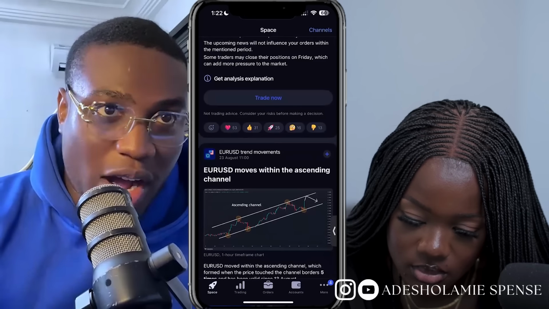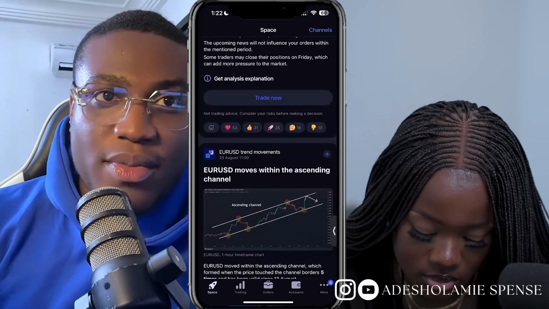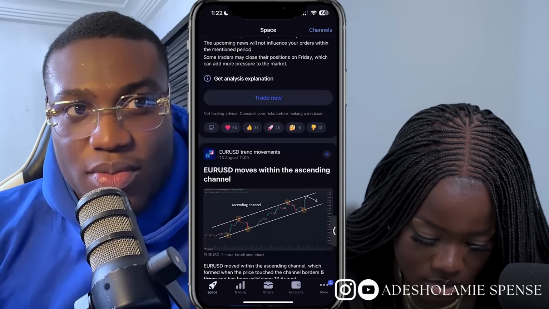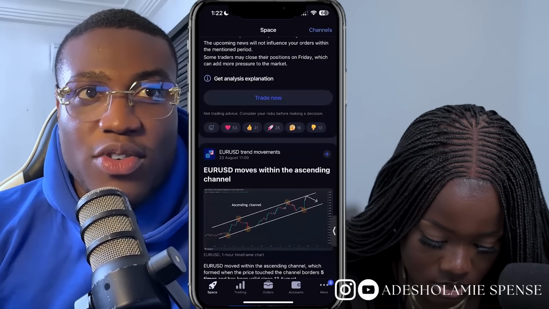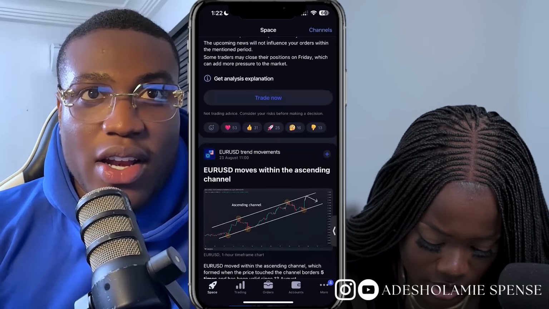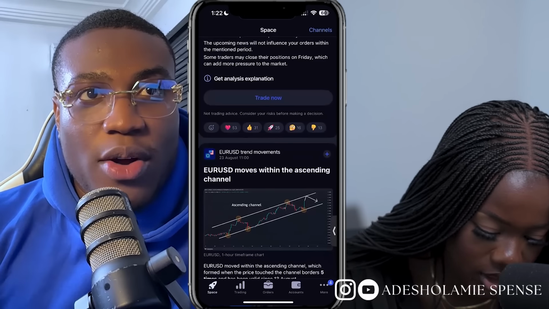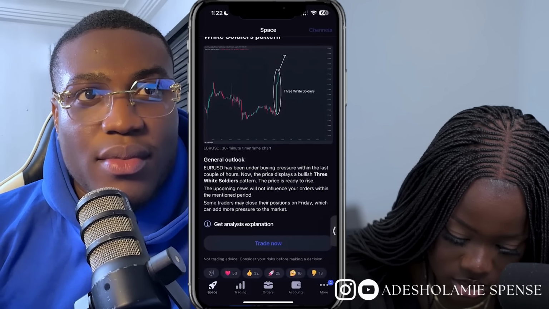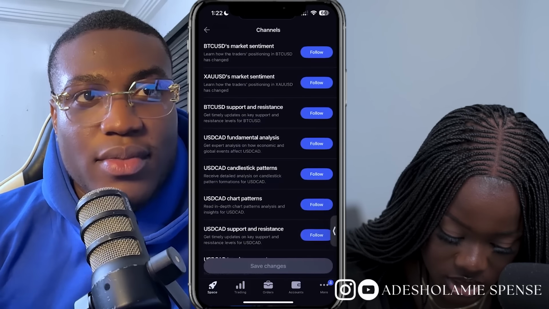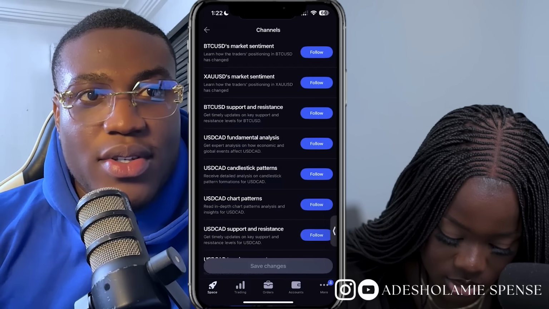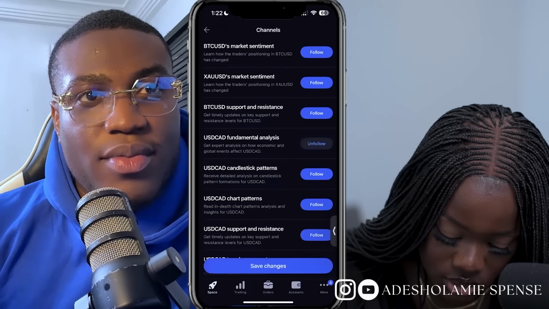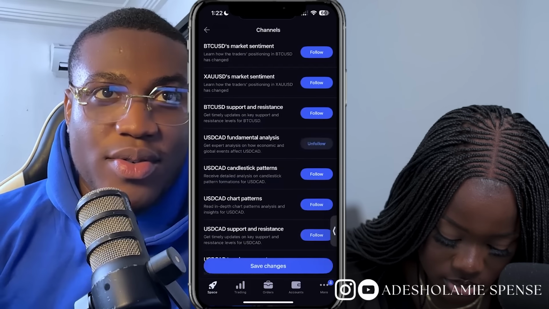So you can also add some other currency pairs, so that you can get outlook analysis from these pairs. You can always add. So how do I add that? If you scroll up, click on channels. Channels, okay. I can do BTC, USD, CAD. Okay, so I have to follow them. Yeah, you can do that as well.